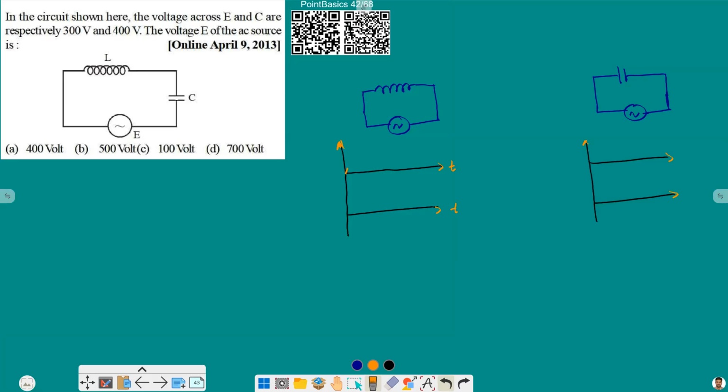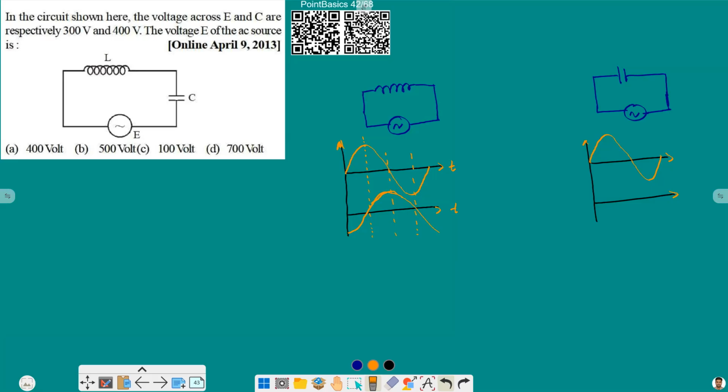So voltage will look something like this in both of these, because now they are independent circuits. But we know in case of an inductor, our current lags behind the voltage. So our current will be something like this.